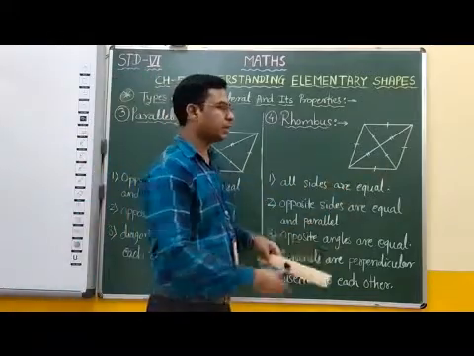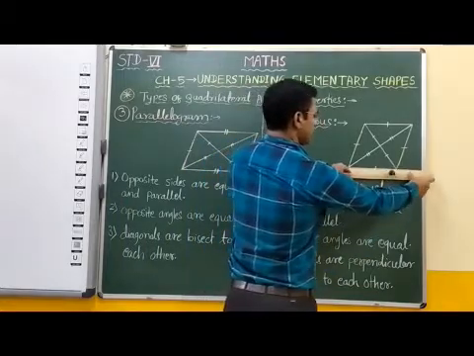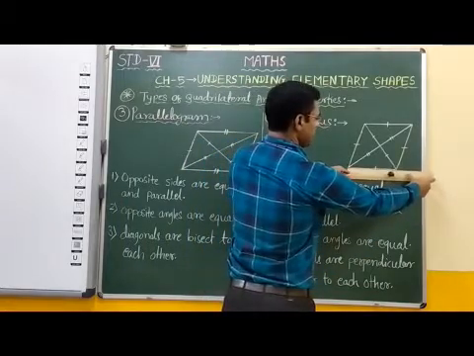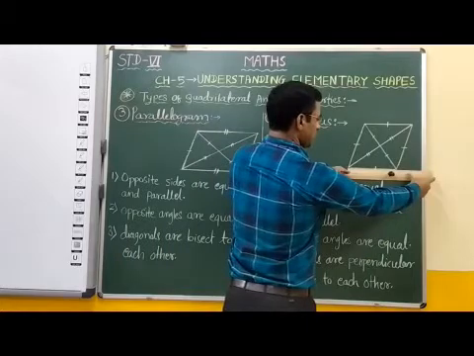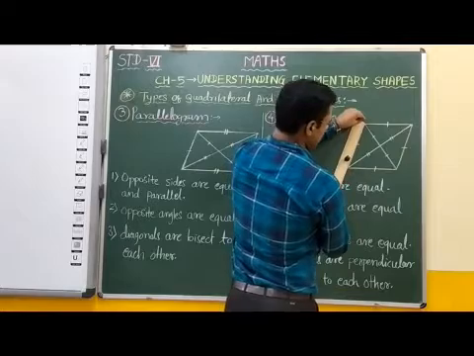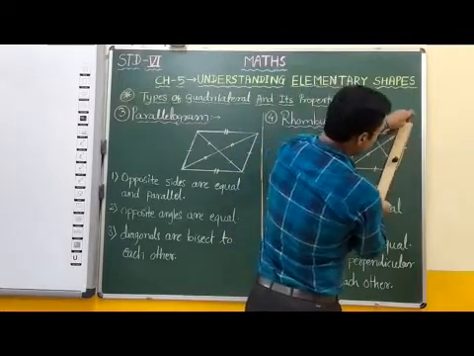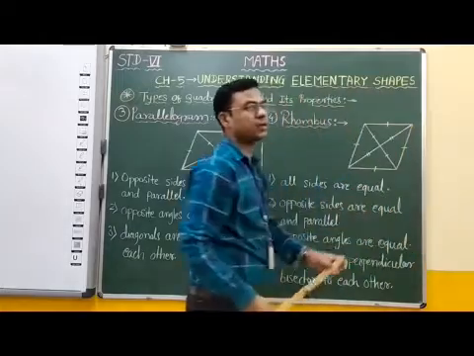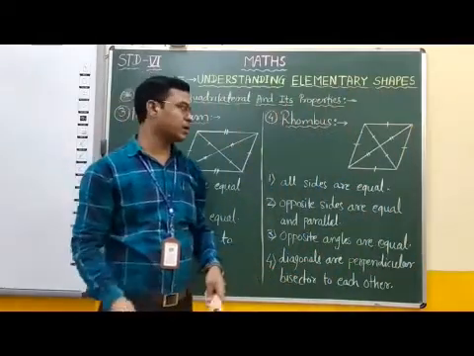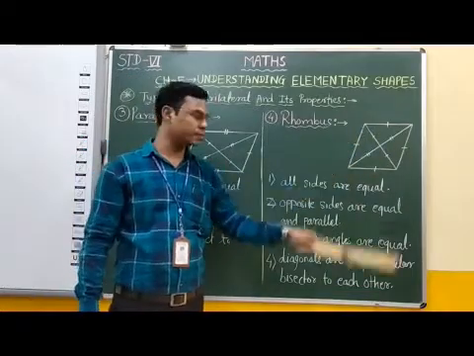Here in this figure, if we measure the length of all sides, this is 8 centimeter, this is 8 centimeter, this is 8 centimeter and this is also 8 centimeter. Therefore, we can say that in a rhombus all sides are equal.